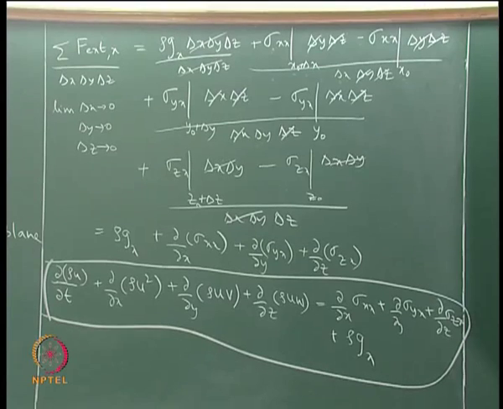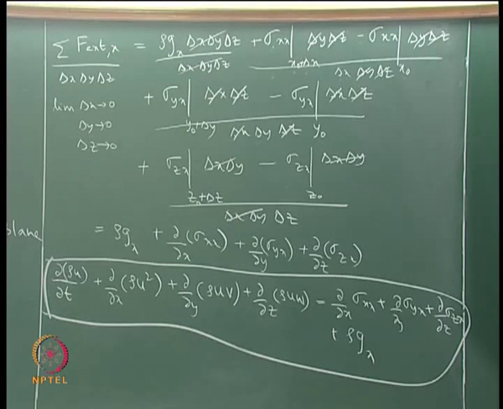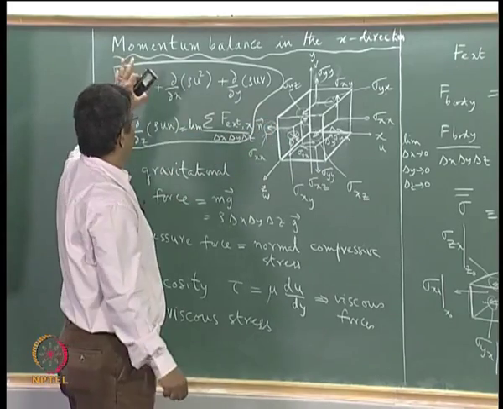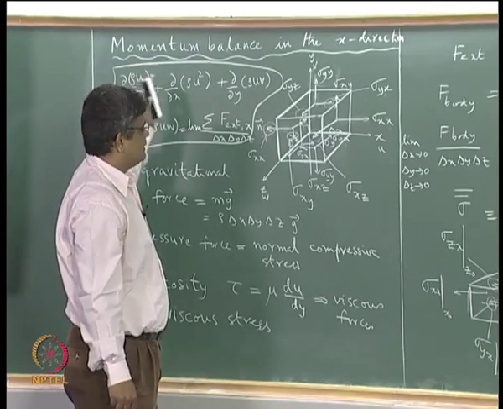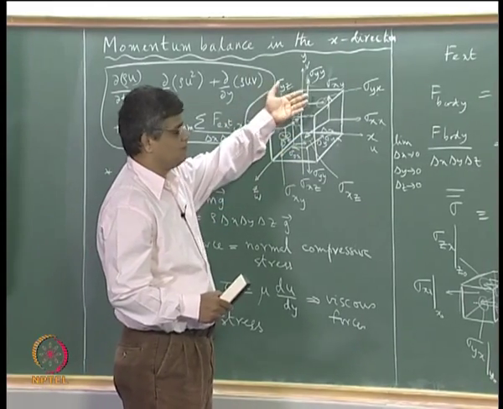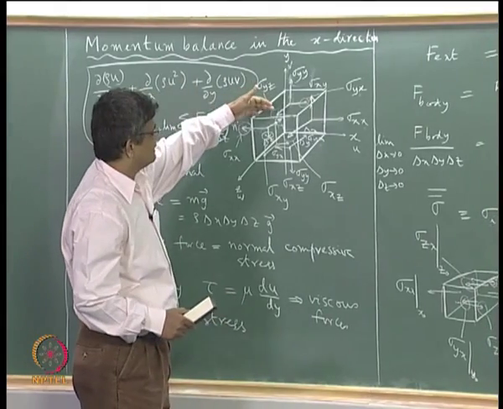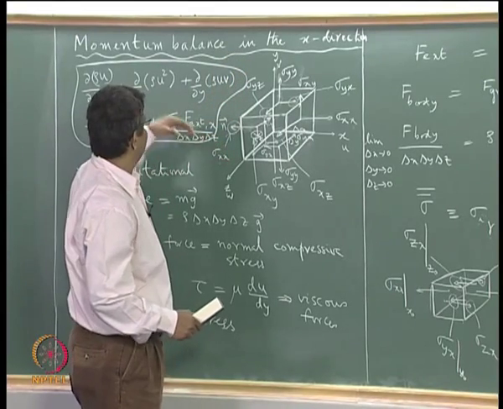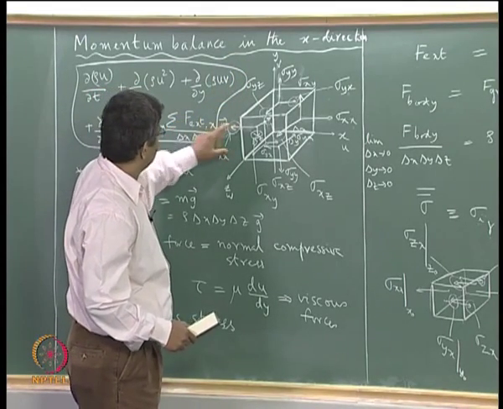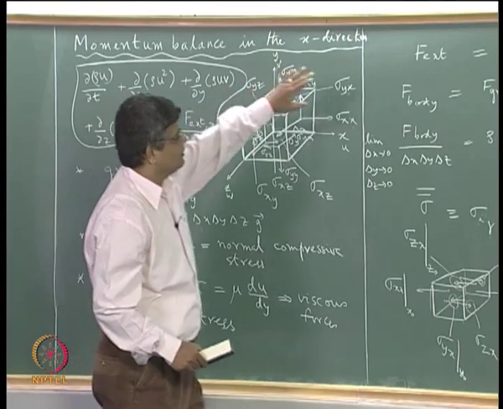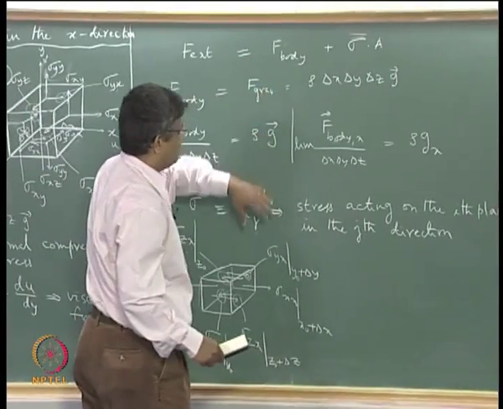This is the x momentum balance, and we can similarly write the y momentum balance by doing exactly the same thing. We look at the rate of accumulation of the y momentum in this and the rate of inflow of y momentum through the left face, bottom face and the back face, and we evaluate the rate of outflow of momentum through the right face, the top face and the front face, and then we evaluate also the forces acting on this control volume, like the gravitational force as a body force, and the various stress components.